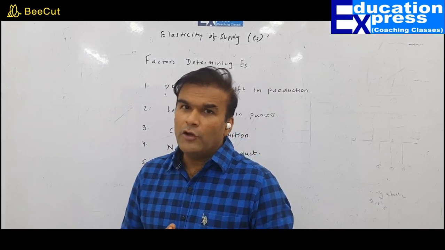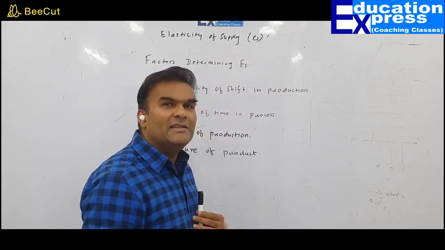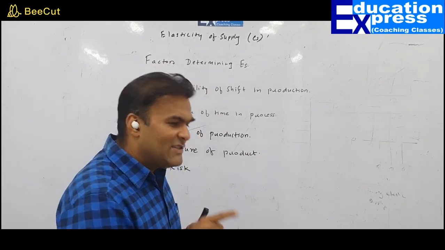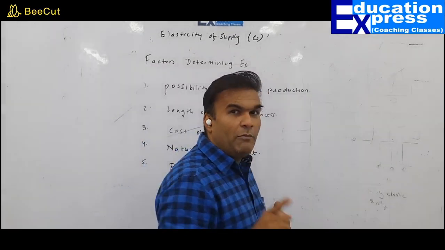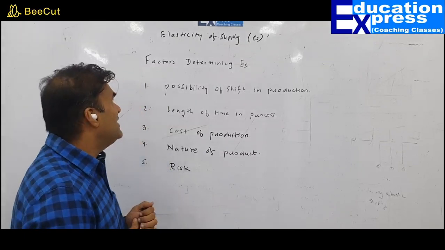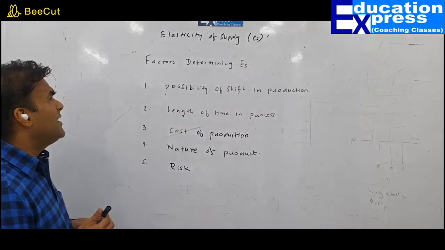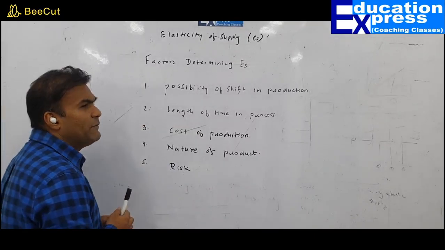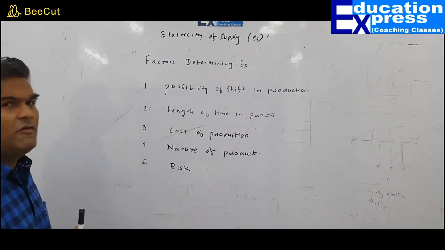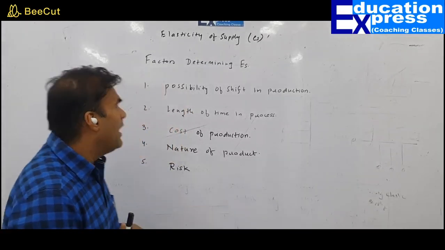So at that point of time, what will be my response to the price? That is what is called elasticity of supply, or the price elasticity of supply. Now how will it be determined? They say these are the following factors which can help you to understand what impacts the price elasticity of supply.